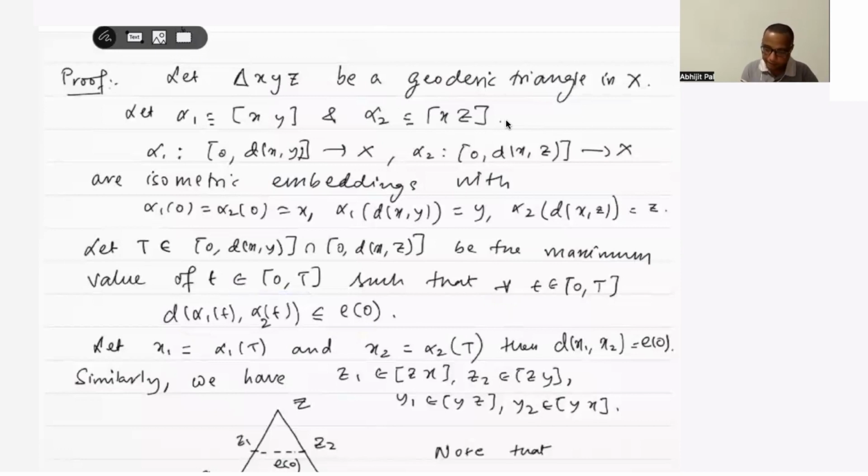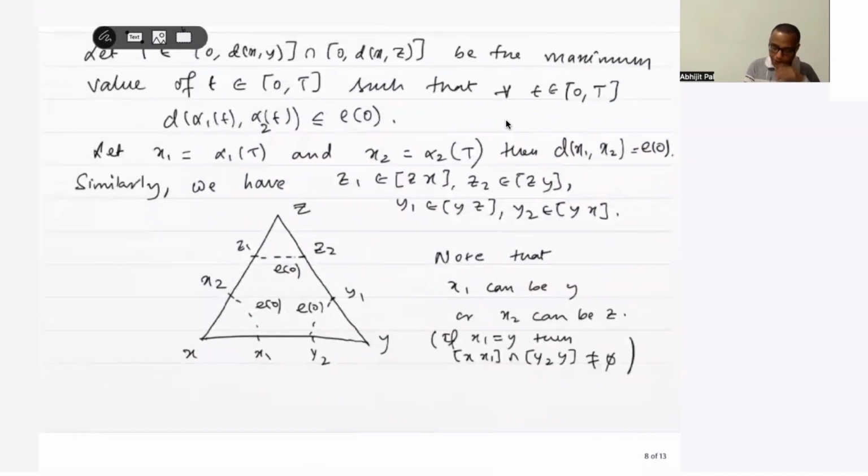So I get a maximum capital T such that the distance between alpha 1 T and alpha 2 T is exactly equal to E naught. So let x1 equal alpha 1 T and x2 equal alpha 2 T. Then the distance between x1 and x2 is equal to E naught. This is for the sides XY and XZ, and similarly we can do it for the other two sides.